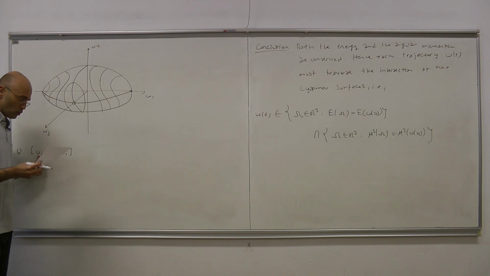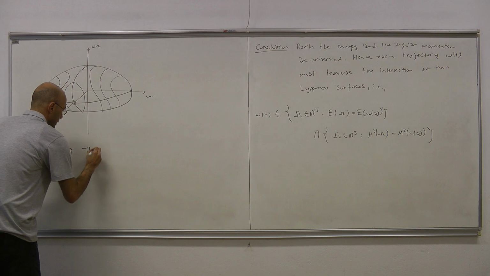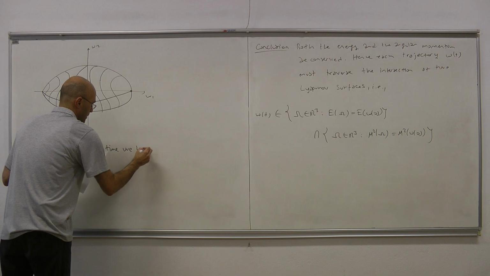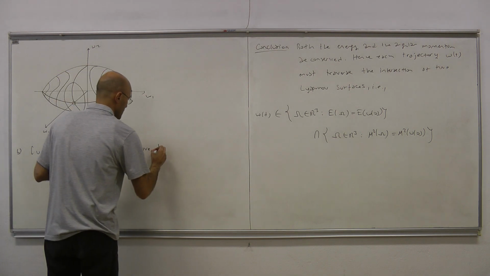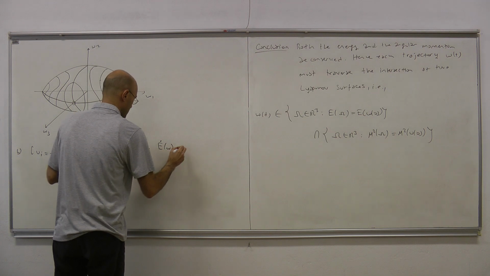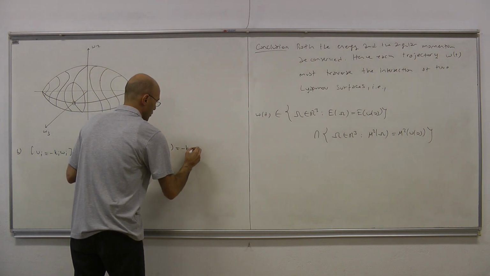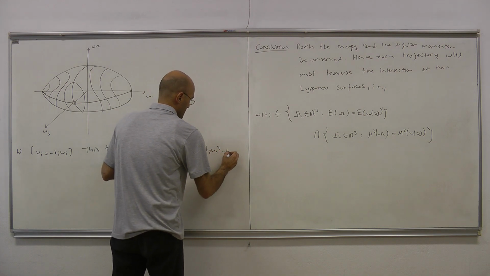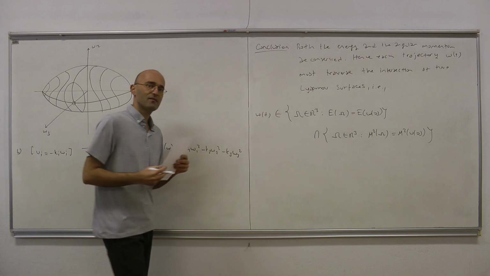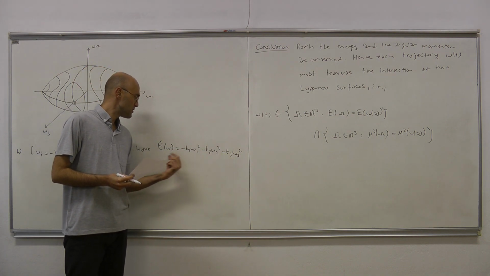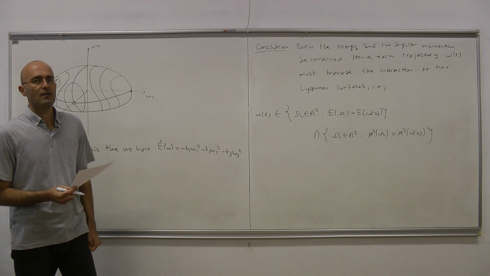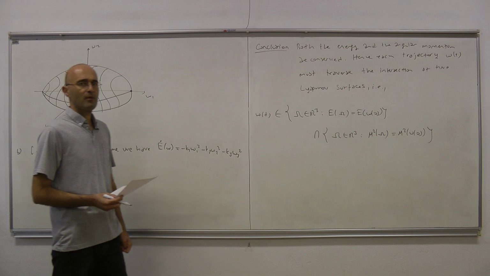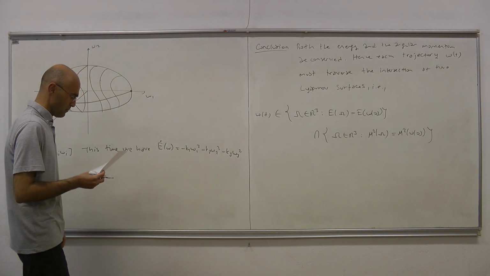When you apply such torques, this time we have E dot of omega equals minus K1 omega 1 squared minus K2 omega 2 squared minus K3 omega 3 squared. Since the K's are positive, clearly this is a negative definite time derivative.